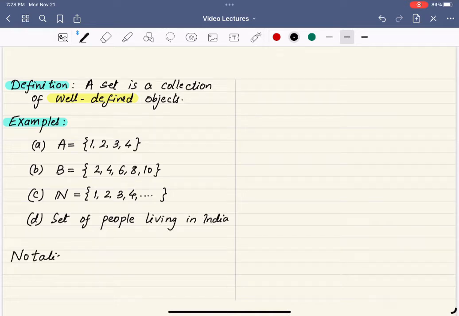Now here are some notations and conventions used in the literature for sets.